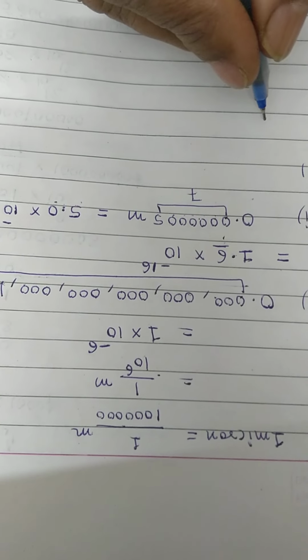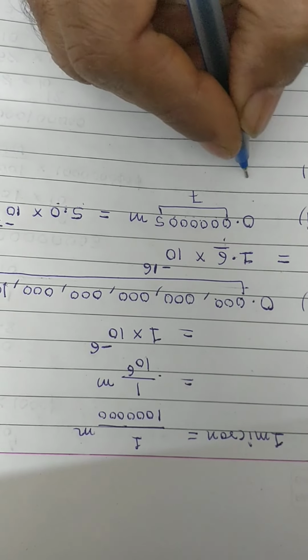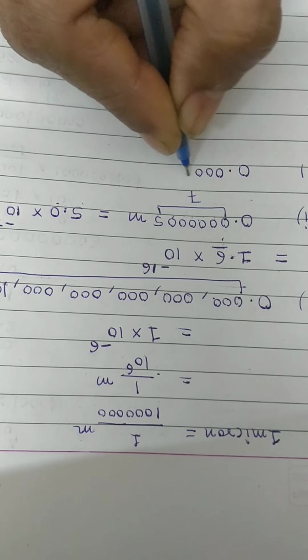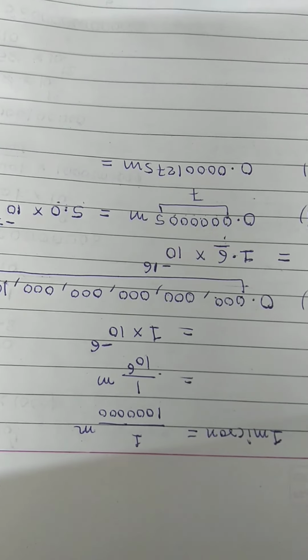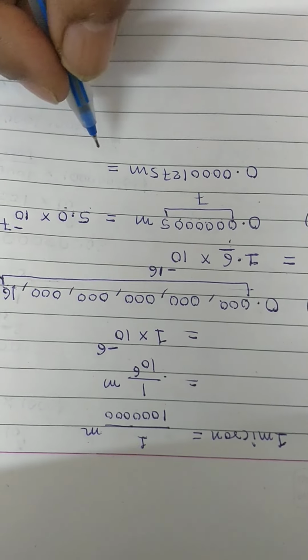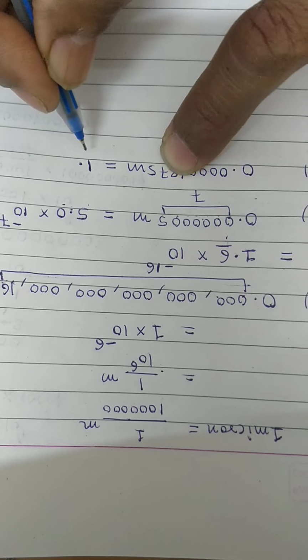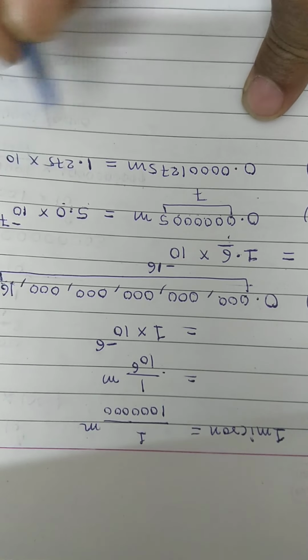In fourth, the size of a plant cell is 0.12341275 meter. Okay, so the first non-zero digit is 1.275 into 10.